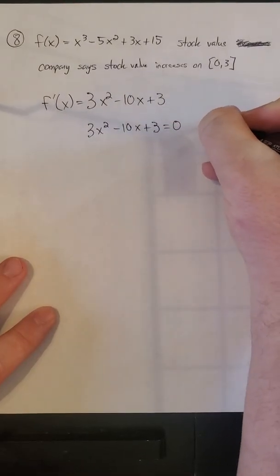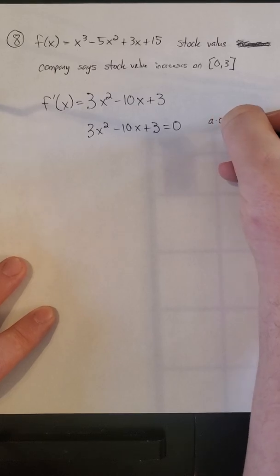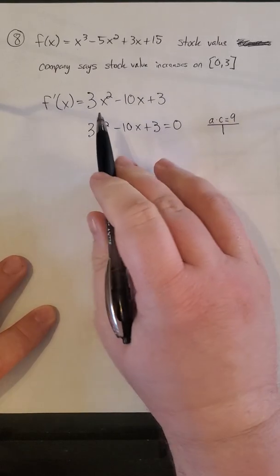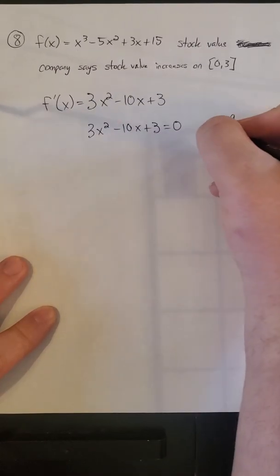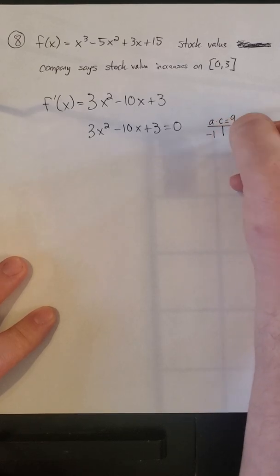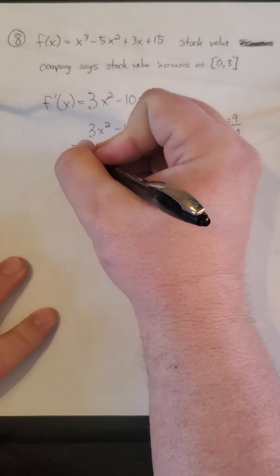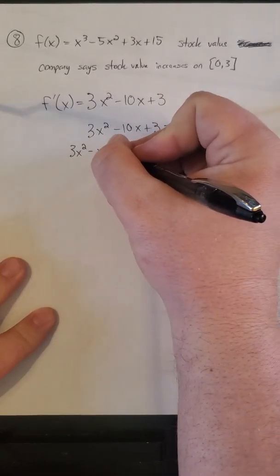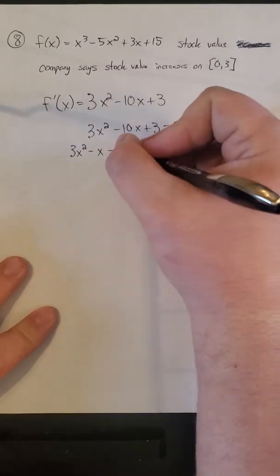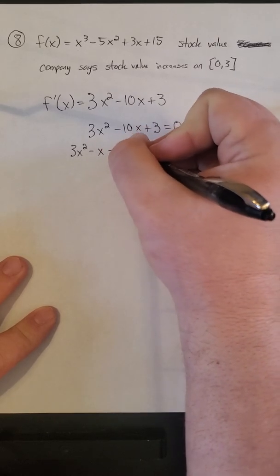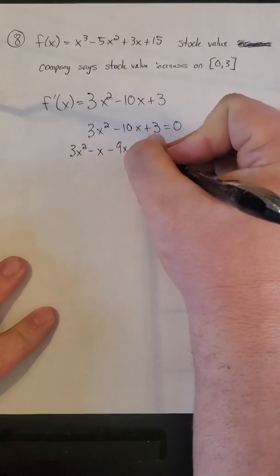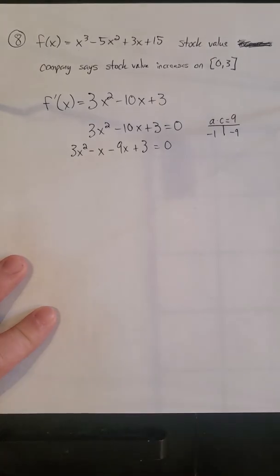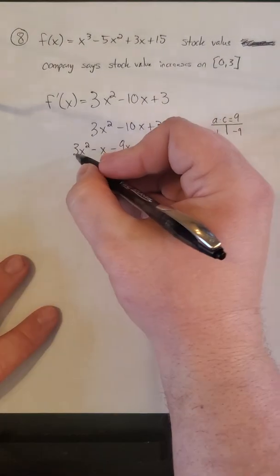Your A times your C is 9, and you want two factors of 9 that add up to a negative 10. That'd be a negative 1 and a negative 9. So that'll break down as 3x squared minus x minus 9x plus 3 is equal to 0. And so then you factor by grouping.